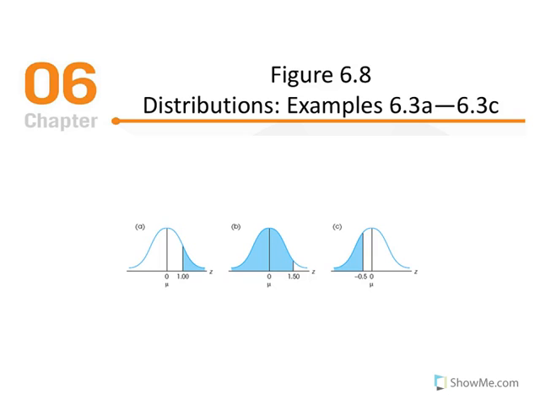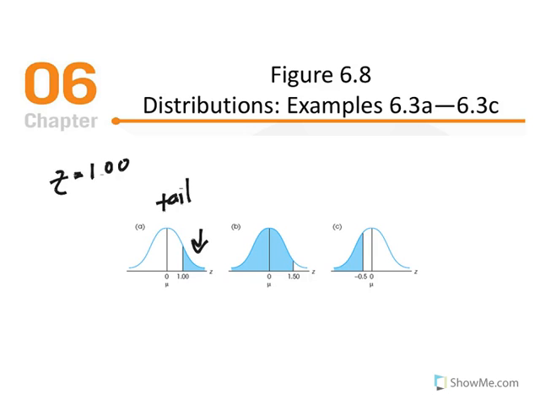To find the shaded area, you simply look for a z equal to 1 in column A of the unit normal table to find the corresponding proportion. So now we have our z value, z is equal to 1.00. This area here that's been shaded is referred to as the tail.